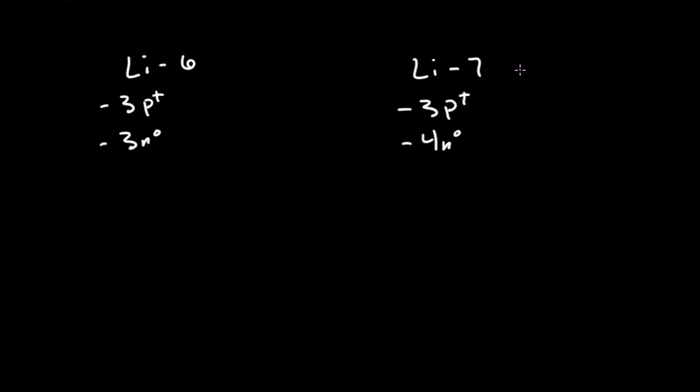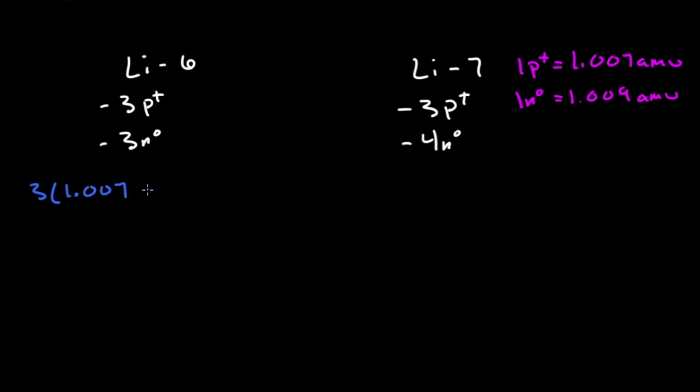And so the mass of one proton is going to be about 1.007 atomic mass units, and the mass of one neutron is going to be 1.009 atomic mass units. So we'll figure out the atomic masses of each of these. We have 3 protons, and the mass of just one proton is 1.007.